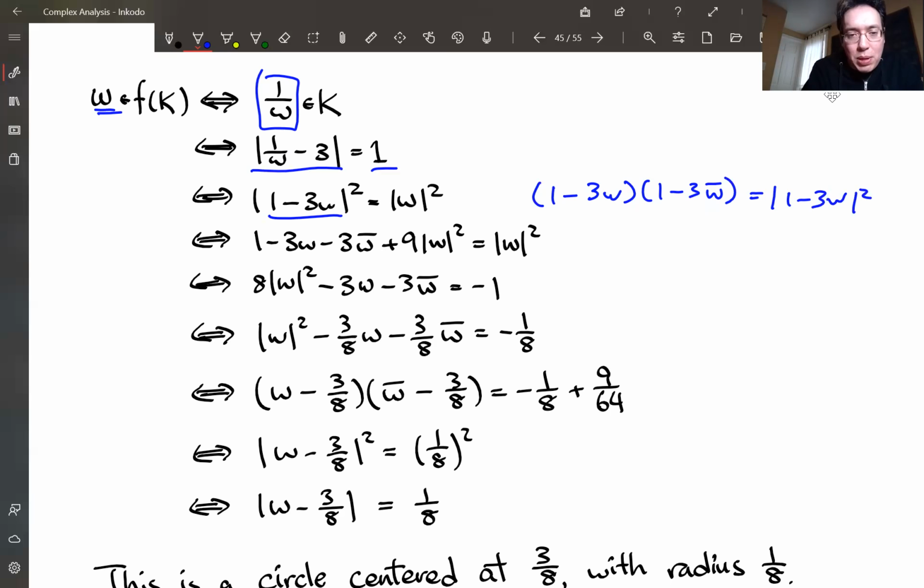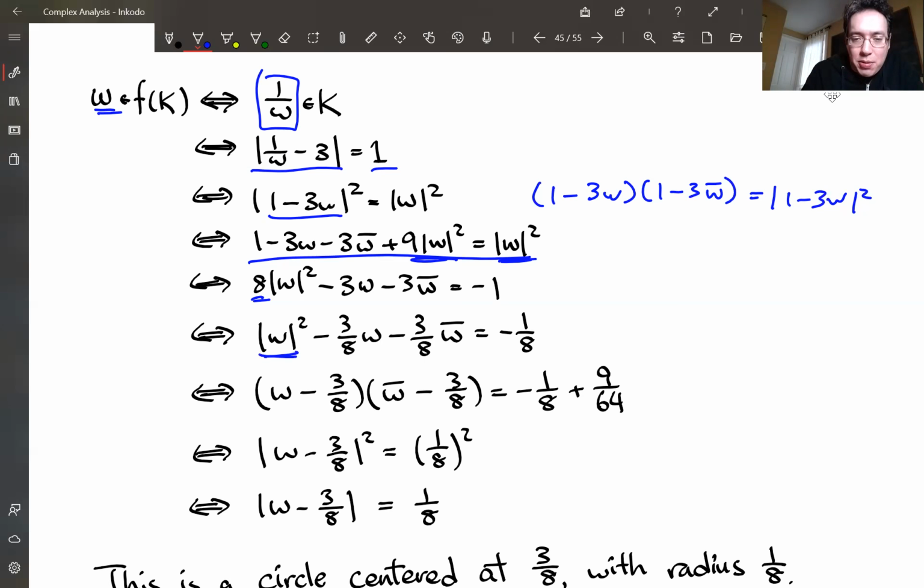And then if I multiply it out, here's what I get. And then now there are two terms that have modulus W squared. So let's just collect both of those on the left-hand side. And then divide everything by 8. So I'll just get a coefficient of 1 in the leading term.